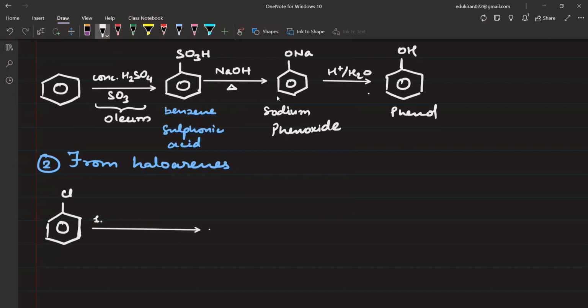We use first of all aqueous NaOH at high temperature, 623 Kelvin. Because it is a commercial method of preparation, we can have chambers in which we can increase the temperature to a very large Kelvin. Secondly, I will use H3O plus or H plus in the presence of water, and I will just get phenol. We have done this reaction in the last chapter also.